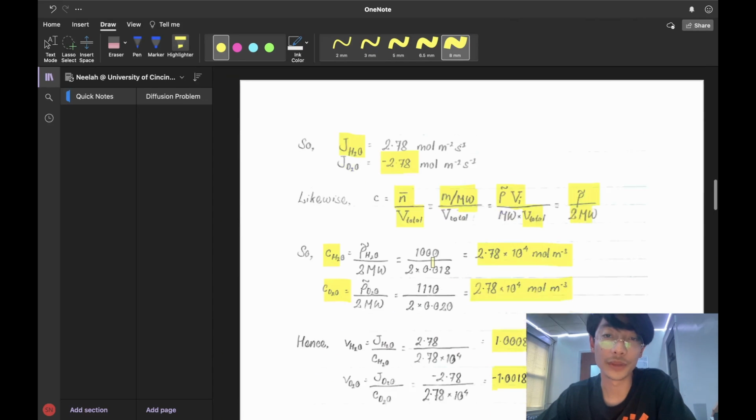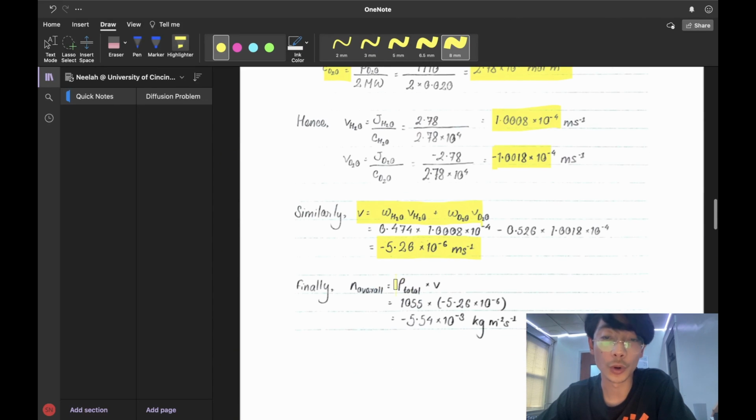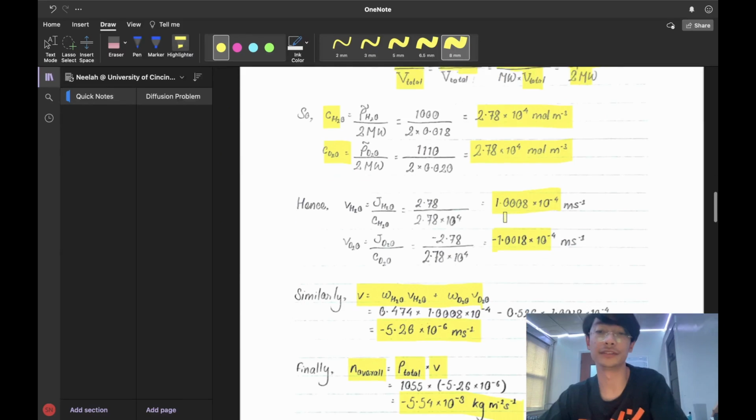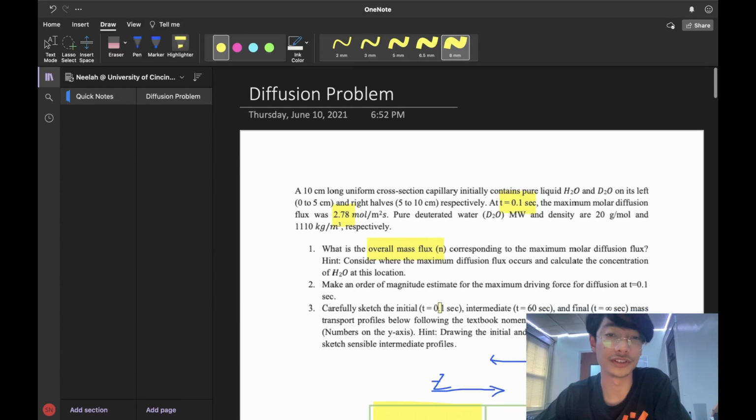Now that we have both the total mass concentration as well as the net mass average velocity, we finally calculate the overall mass flux, which is equal to negative 5.54 times 10 to the power negative 3 kilograms per meter squared per second. So that's the first part of the problem that we just solved.